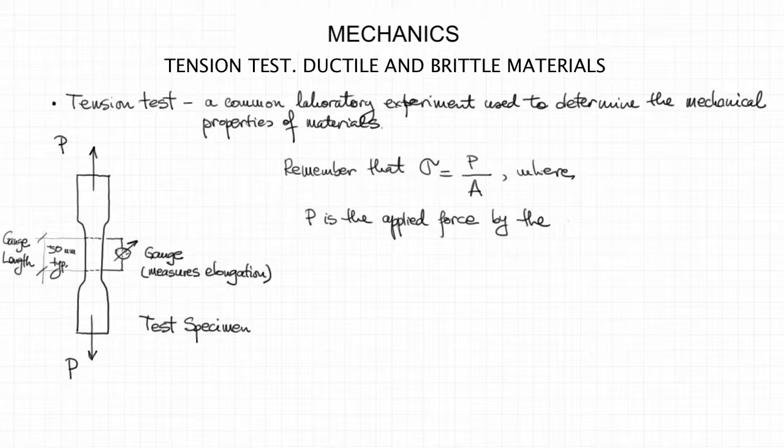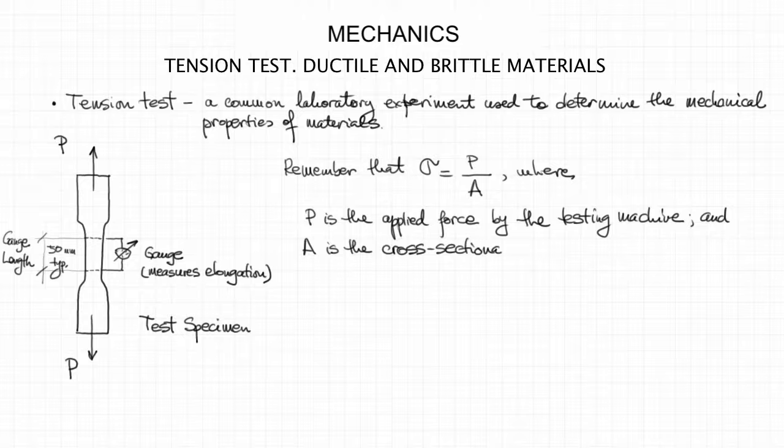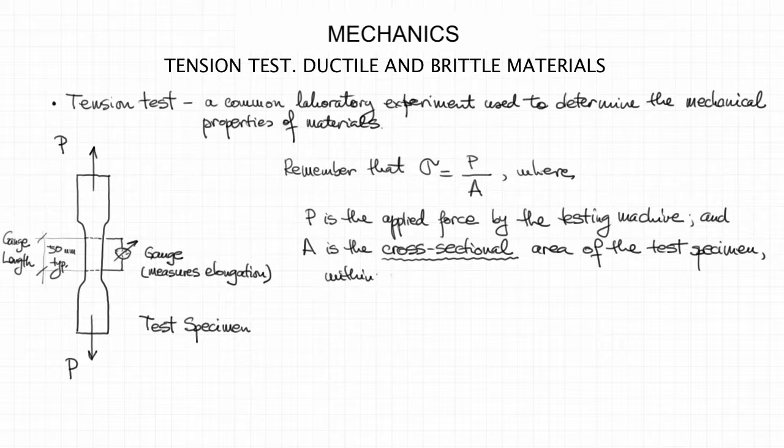Now remember that the stress equals the axial force divided by the cross-sectional area. The axial force will be measured by a load cell with which the machine is fitted, and the cross-sectional area is the area of the test specimen within the gauge length, that 50 millimeter area where the measurement is being done.